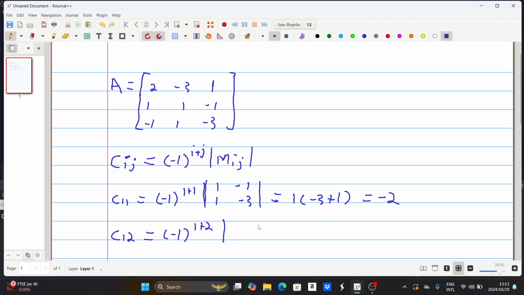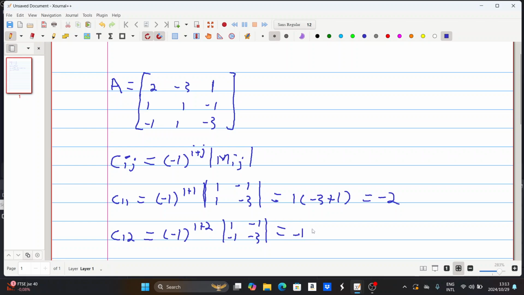Then we have the minor 1, minus 1, -1 and -3, which is equal to -1 to the power 3, giving us -1.